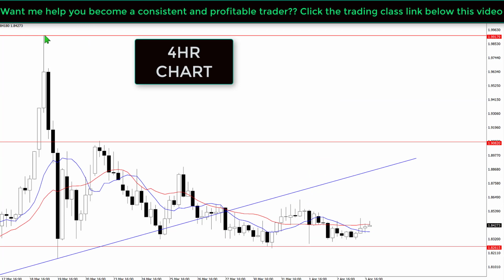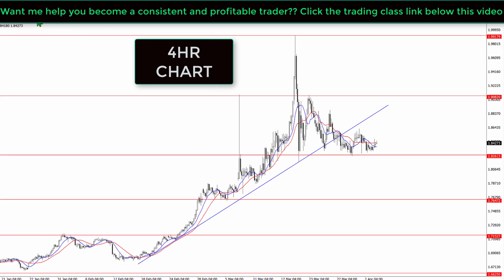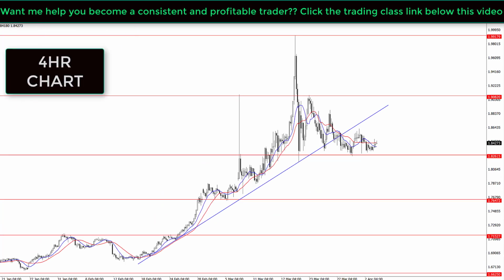Now on the 4-hour chart, I'm gonna zoom in. You can see if I implement my trend line right here, okay, good. And then we have a base, like support right here, which is the key level at 1.82615, and then we can see a rising uptrend, a bullish trend.